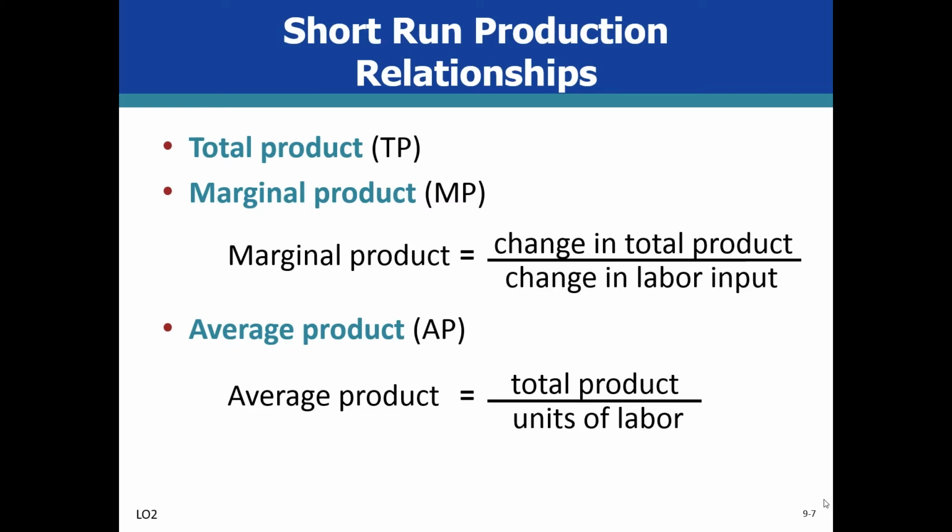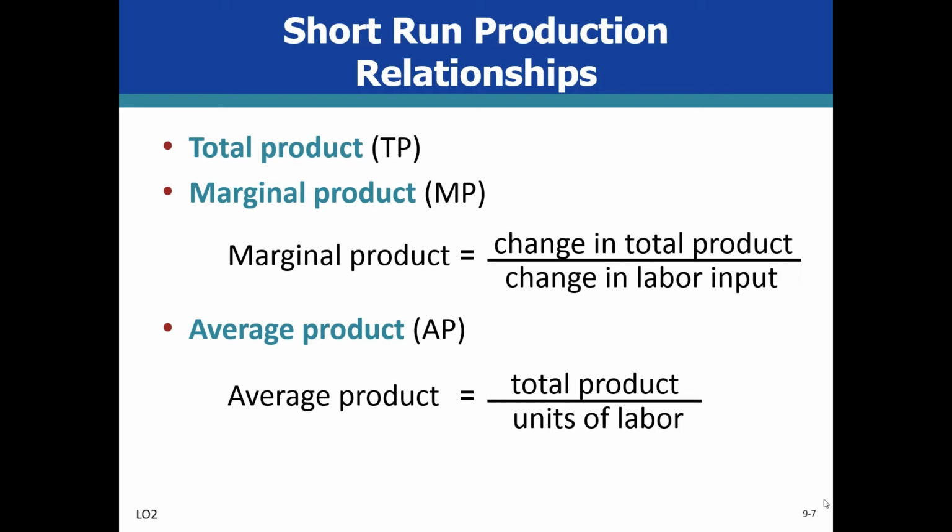So we're going to get into some definitional relationships that we need to understand on the production side of short-run production relationships, okay? There are three measures. Total product is the total quantity of a good or service that will be produced.